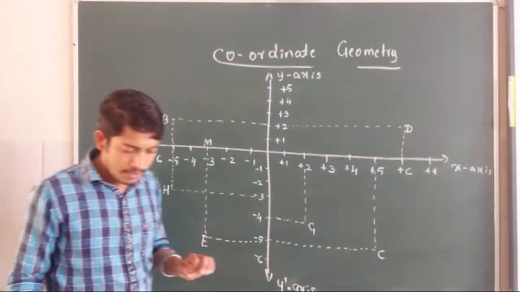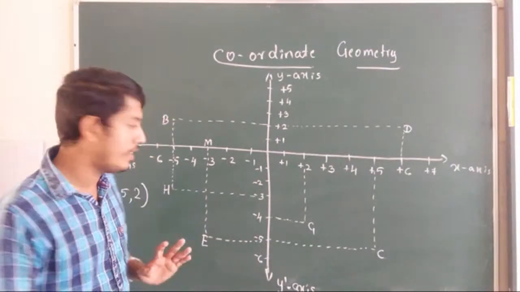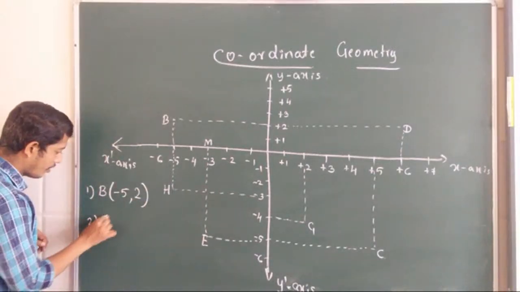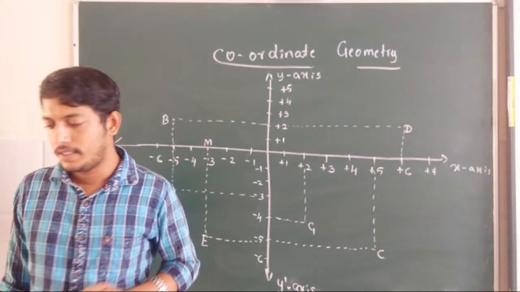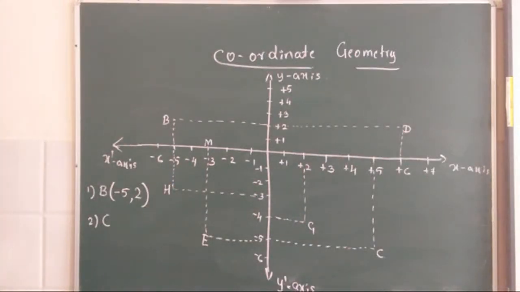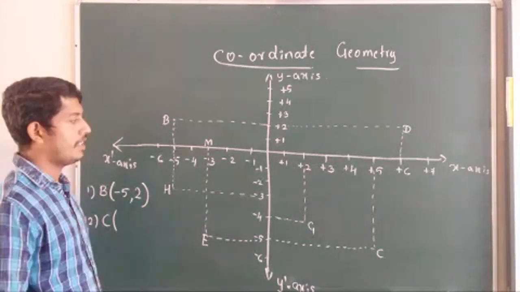The second question is the coordinates of point C. This is for you. Write the coordinates and comment the coordinates of point C. First again we take the x value.